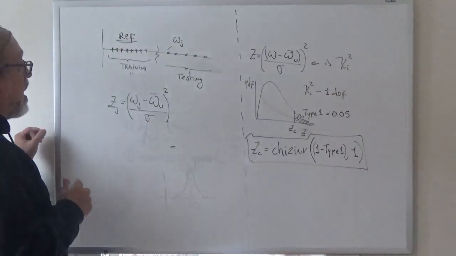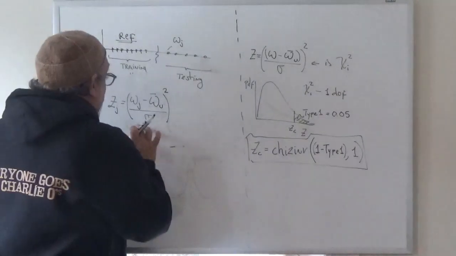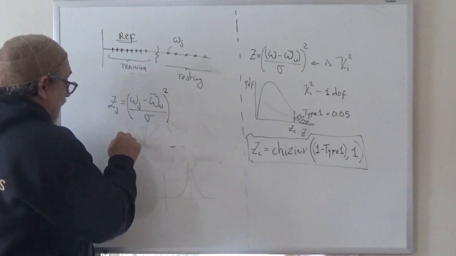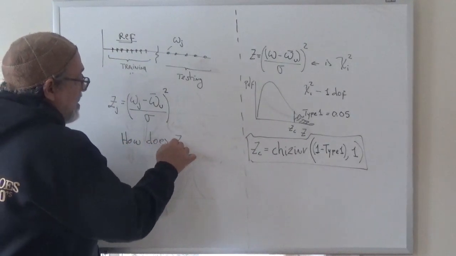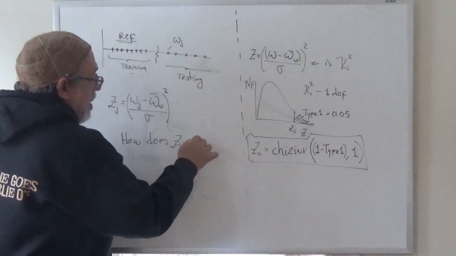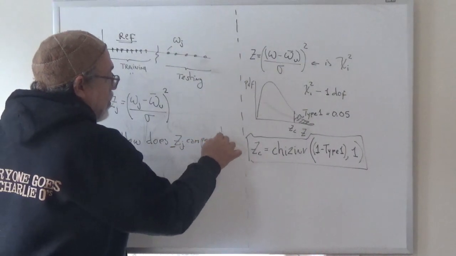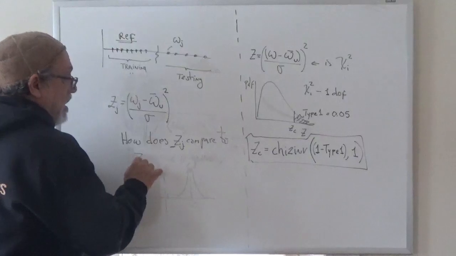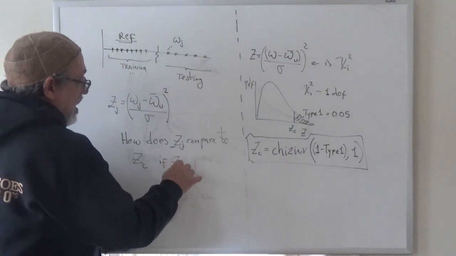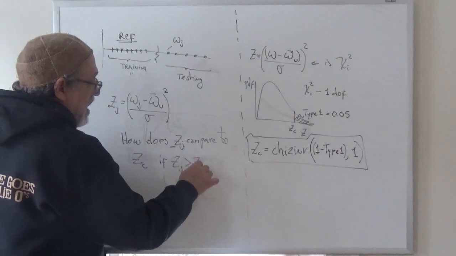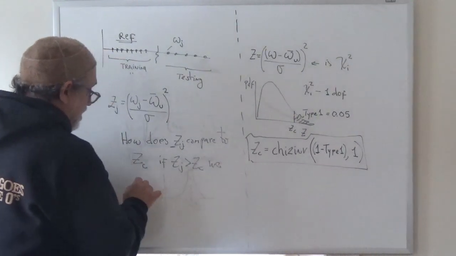And we get a number. And then we just simply ask ourselves, how does zj compare to zz? If zj is greater than zz, we announce damage.